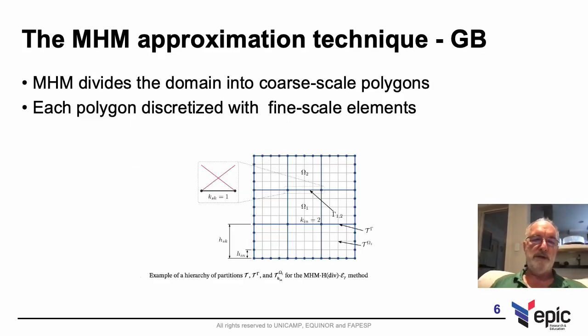So what is MHM? The basic idea of MHM is to divide the domain into coarse scale polygons. Each polygon is discretized with fine scale elements, and the fluxes between the polygons are what we call coarse scale fluxes. In this slide you can see the subdomains omega 1 and omega 2, and between omega 1 and omega 2 we consider the flux to be linear.